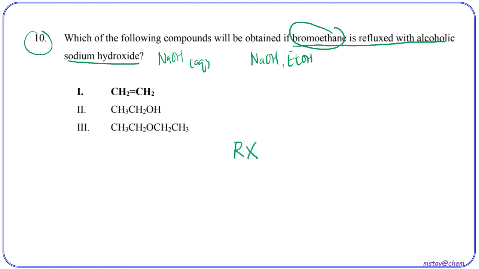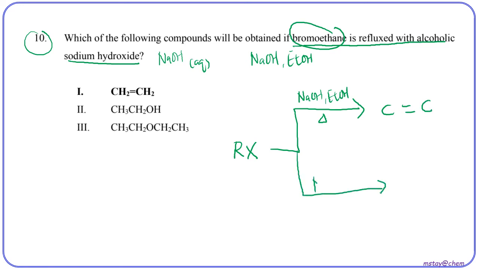Maybe you can make a remark here: if haloalkane reacts with NaOH, ethanol, heat, which we learned in the alkene chapter, the haloalkane will become a carbon-carbon double bond. If the haloalkane reacts with aqueous NaOH, the OH will undergo nucleophilic substitution.